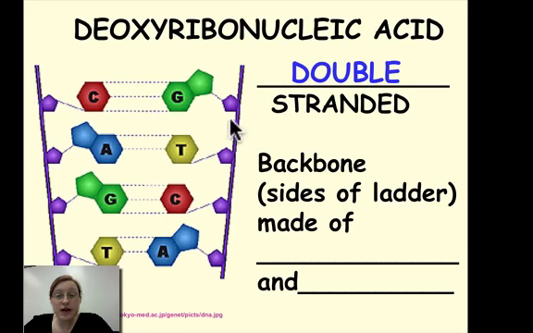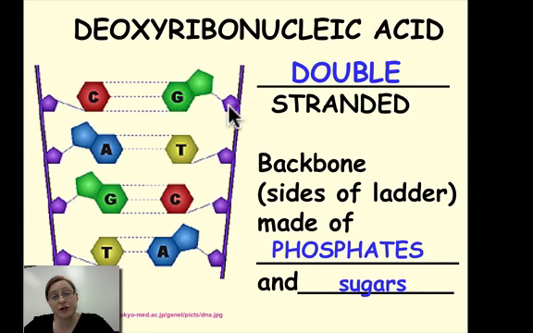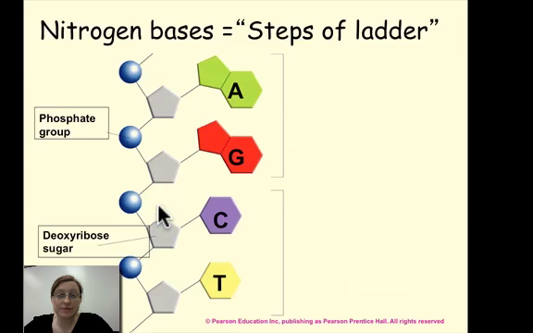So along the sides we have a sugar and phosphate backbone. So here's our sugar, and then you'll see our little phosphate molecules in between that. So it is both of those that make up the backbone. And then in the center, we're going to see the nitrogen bases as they pair together.